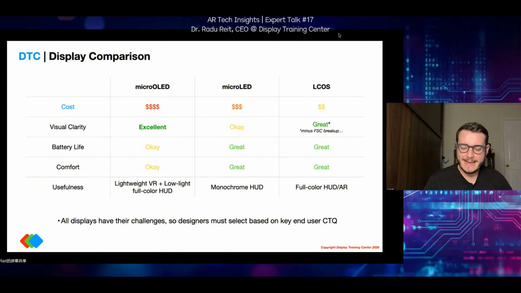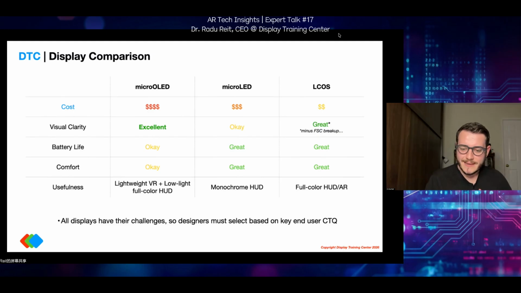The visual clarity is okay, especially for monochrome applications. But as we saw earlier, there is some non-uniformity that's going to really be challenging for micro LED to solve without really sacrificing some of the other gains that they make in battery life and overall comfort, because these devices are so small and are able to be integrated into very comfortable form factors.